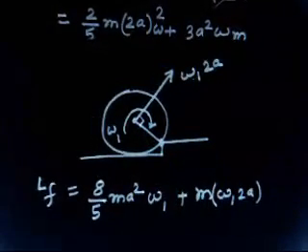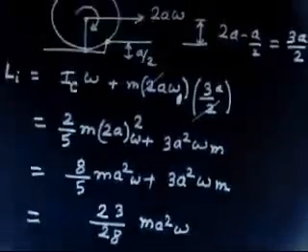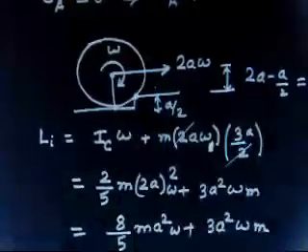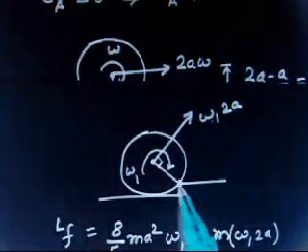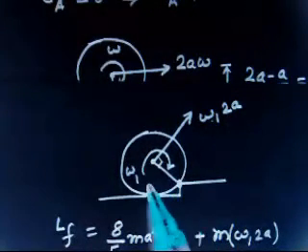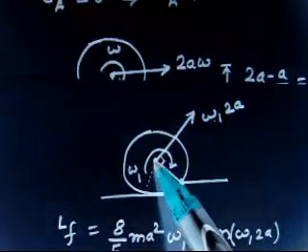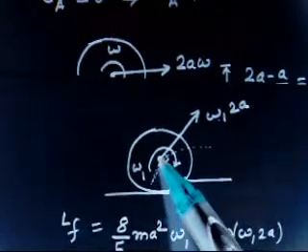Are you getting? Initially this velocity was parallel to the horizontal, in this direction, 2a omega. But once this collides, its velocity direction changes. Now this is doing pure rotation, or you can say the center of mass is moving in a circular orbit, and the circle is something like this.